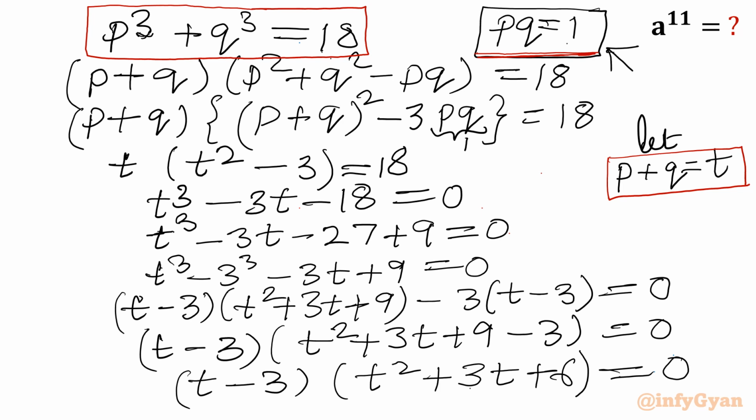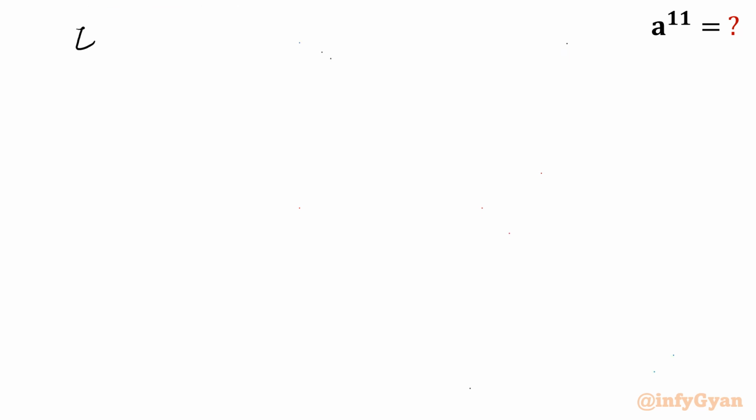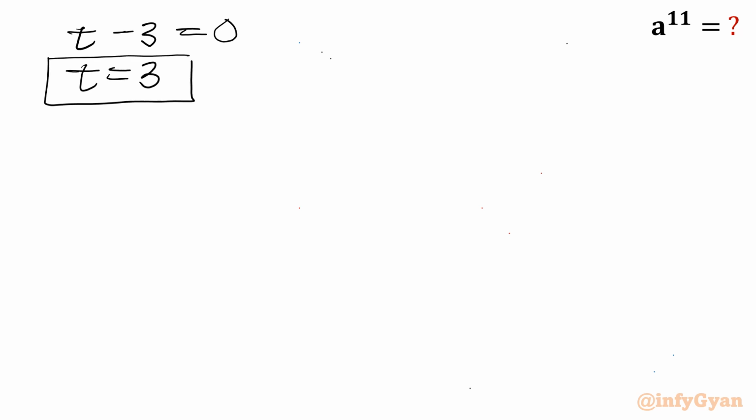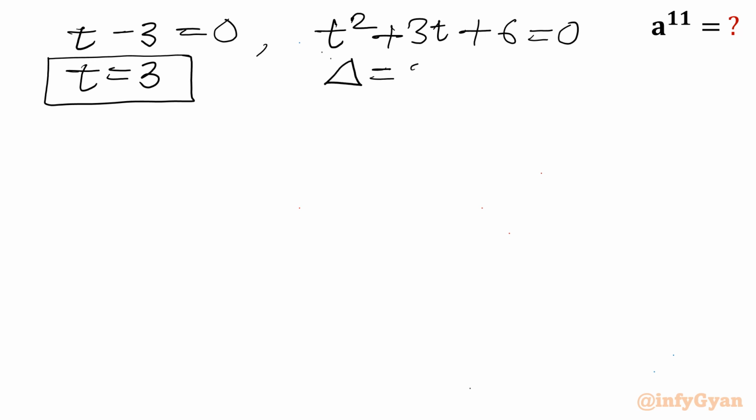So the conclusion from here: either T minus 3 will be 0, so T will be 3. And the quadratic one, I will write T square plus 3T plus 6 equal to 0. If I check only the discriminant, then this value will be 3 square minus 4 times 1 times 6.